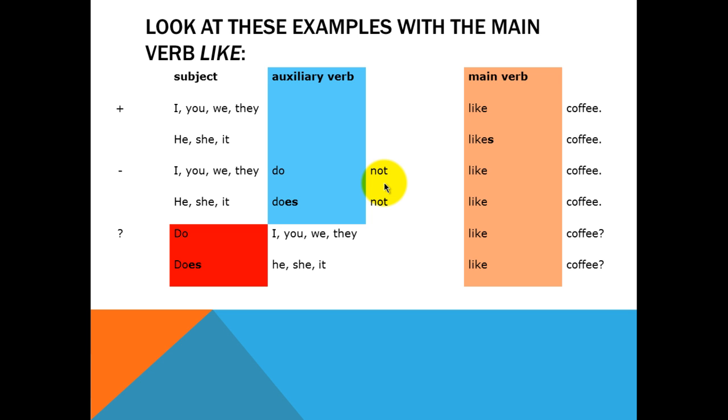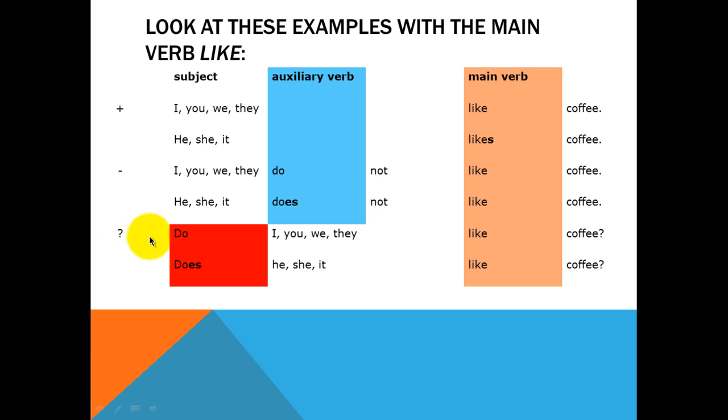For third person, let's look at it. So it does. As you can see, the does carries the ES. Alright? So the main verb is going to remain untouched in its natural state. So, it does not like coffee.